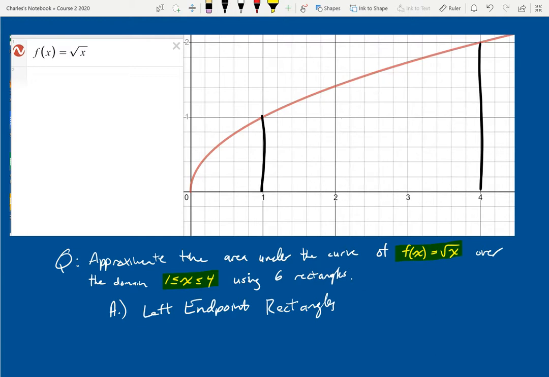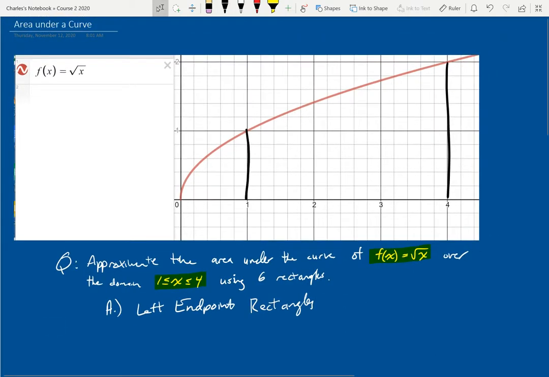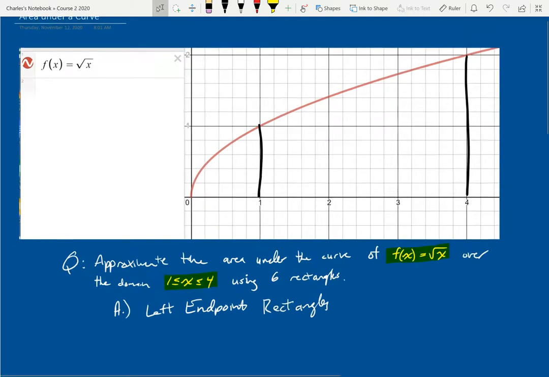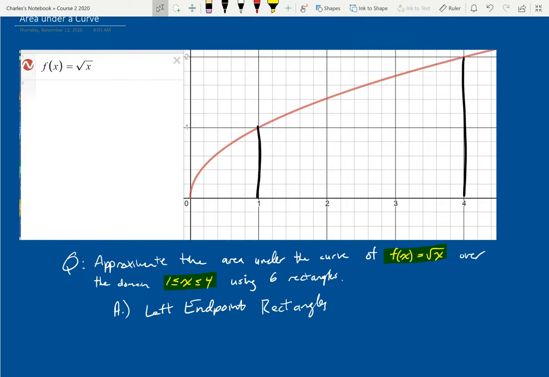Now, since the only formulas that we know for areas involve straight lines, we're going to break this up into an area with a straight line. One actually kind of nice area that you could use to approximate this would be a trapezoid.